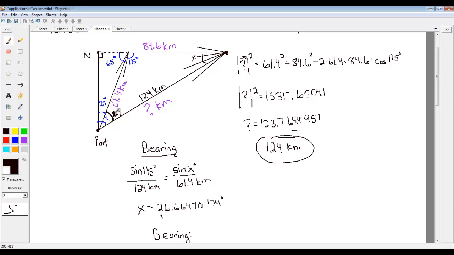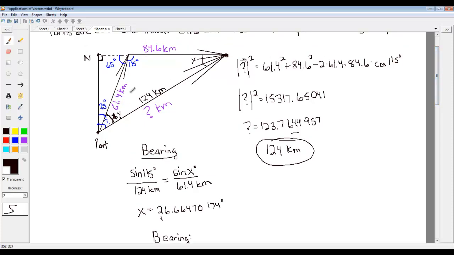Sorry about that. Alright, so finding x, I was able to do that because sine of 115 over the 124 is going to equal sine of x over the 61.4.